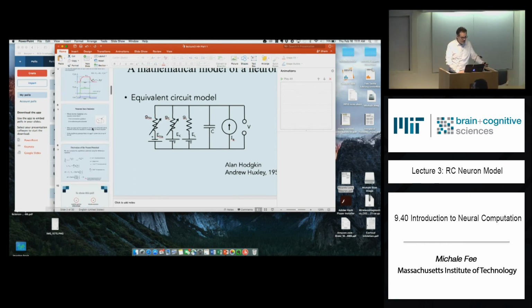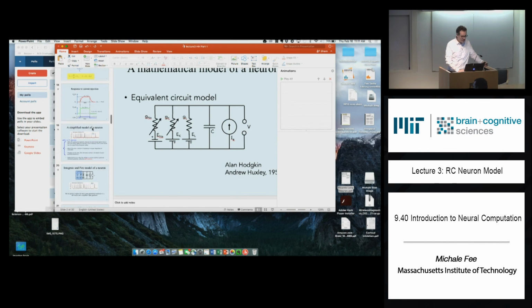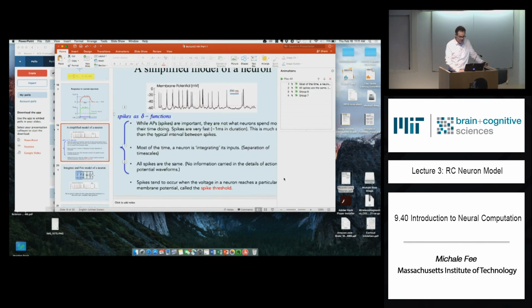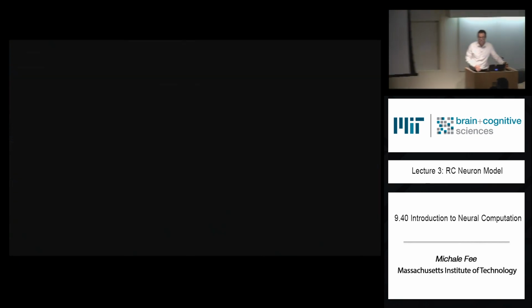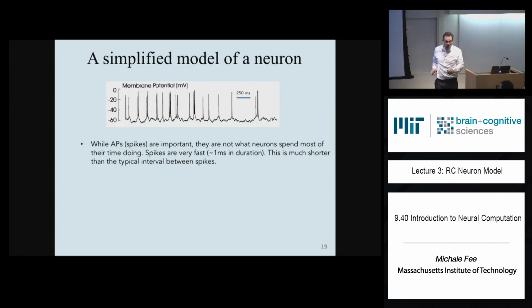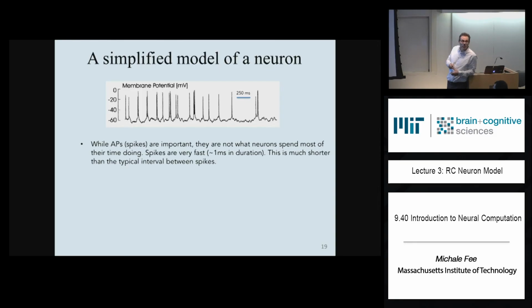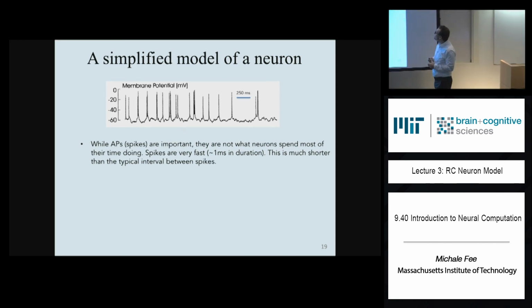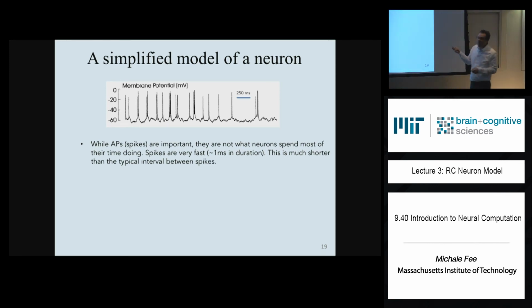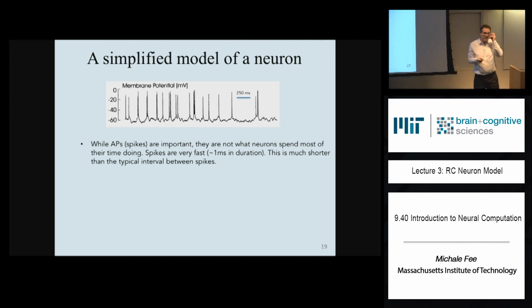But before we do that, we're going to talk about a much simpler model of how a spiking neuron behaves. Instead of writing down a detailed biophysical model of action potentials, which is where we're heading, we're just going to ask some simpler questions about how a spiking neuron behaves. So notice that action potentials are really important, right?